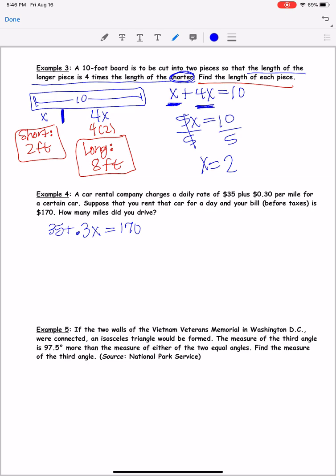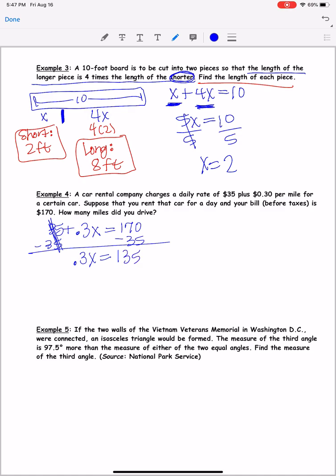Okay, and so again, that variable needs to go with that 0.3 because it tells you you are spending that per every mile. So depending on how much that is, that's how much it's going to go up. So solve for x. So let's subtract that 35 over. Opposite of a positive 35 is a negative 35. So we get 0.3x equals 170 minus 35 is 135.